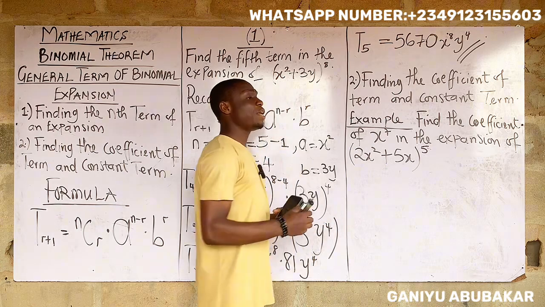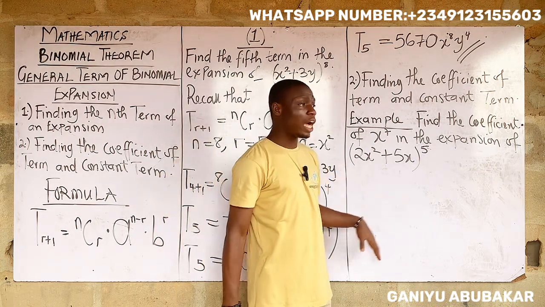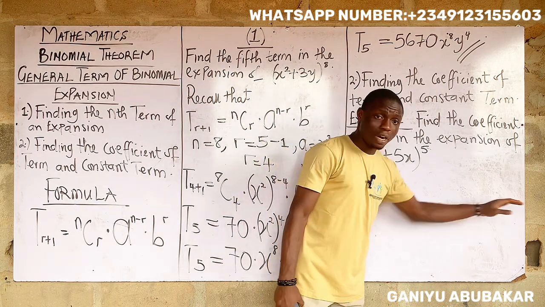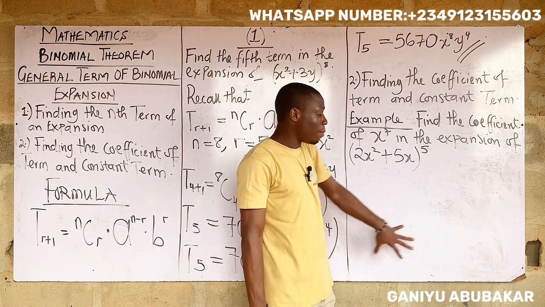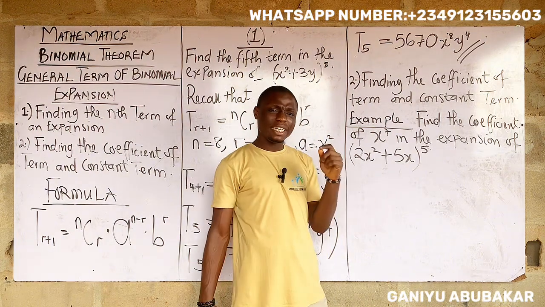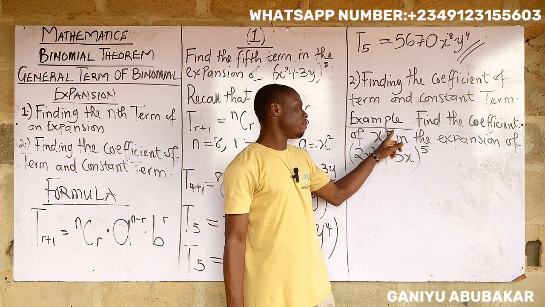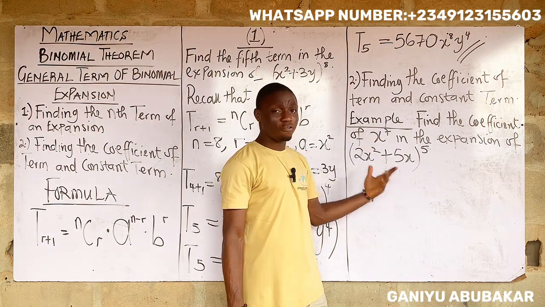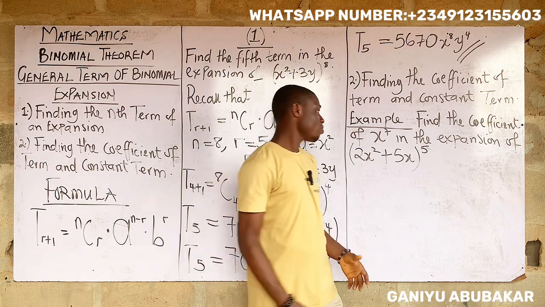If I expand this, normally I'll have 6 terms, right? 6 terms adding to each other. But there's a term that will have x to the power 7 as its variable. So what will be the number in front of it that we're looking for?